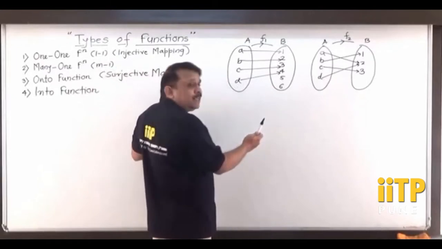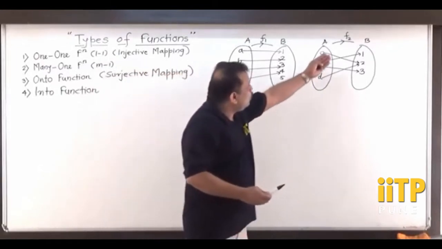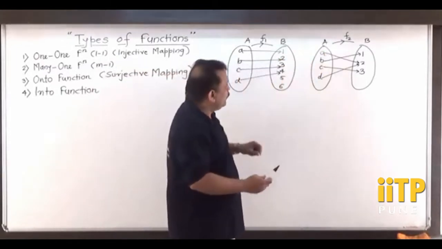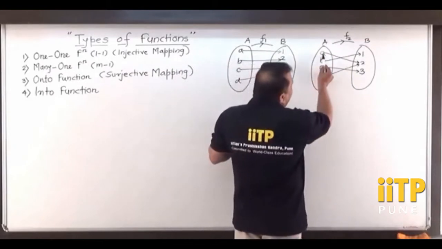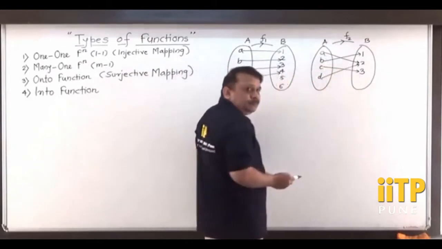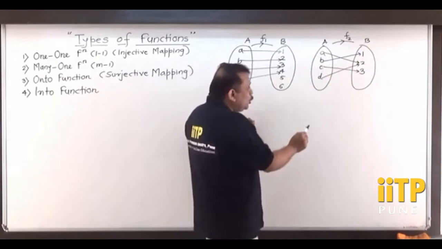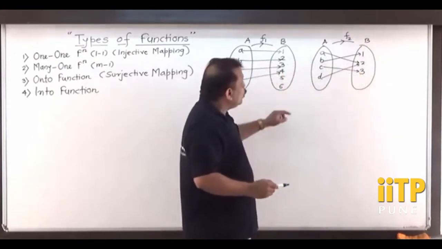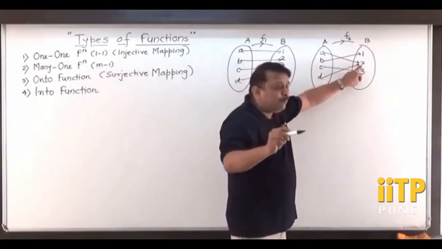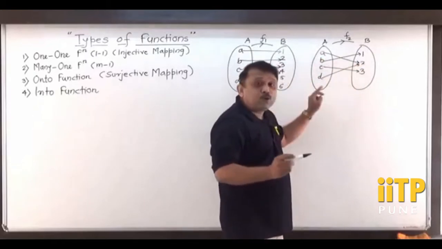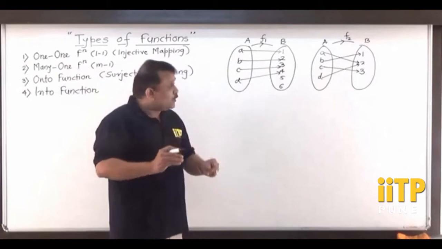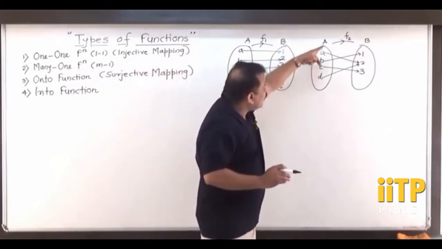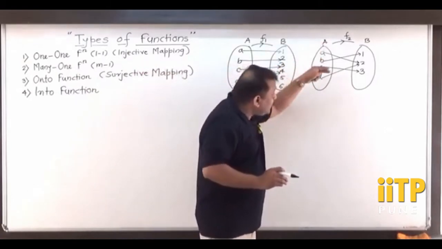To understand this in a better way, let's look into the second function F2. Here I see that a is related with 2. But at the same time, you can see that d is also related with what? 2. So 2 is not only the image of a, but 2 is also the image of d. Means here 2 distinct elements of capital A are related with what?